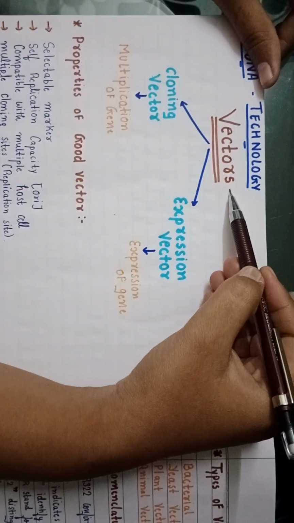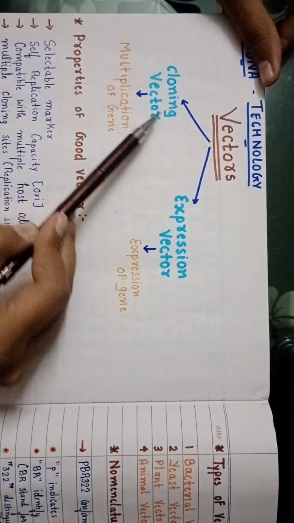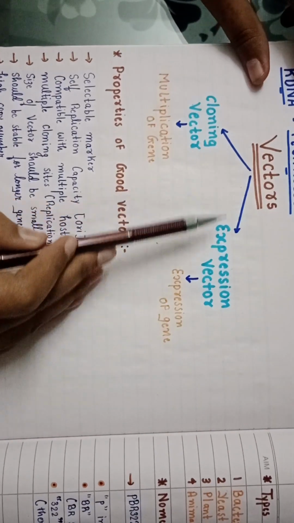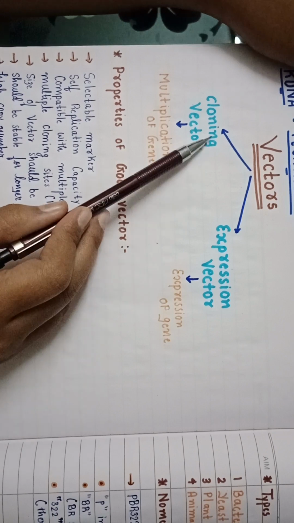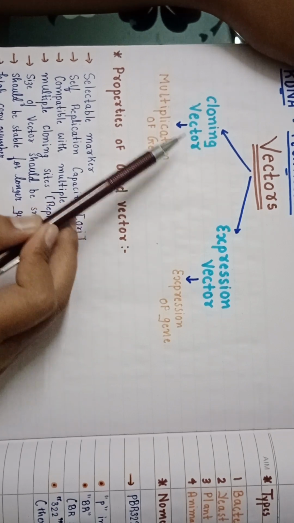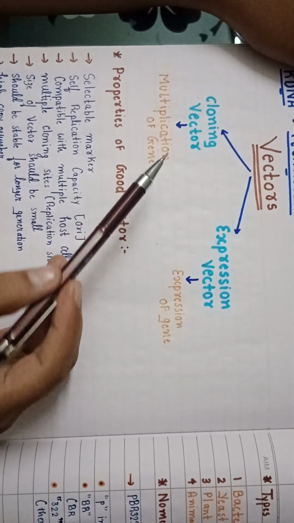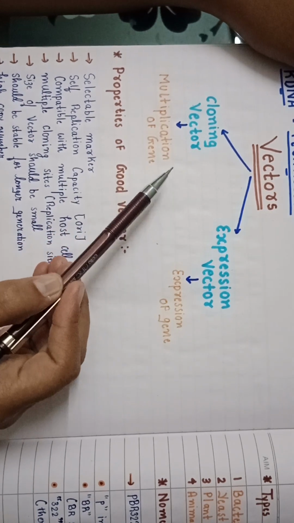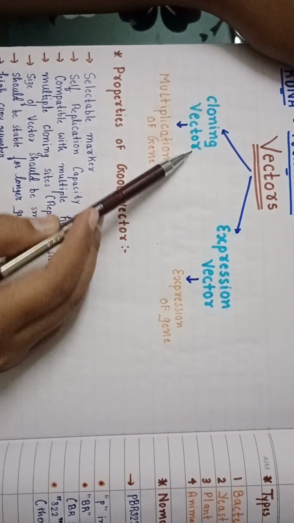Now there are two types of vectors. One is the cloning vector and one is the expression vector. So what's the difference between these two vectors? Let's understand it. A cloning vector is used for multiplication of a gene, which means if we want to replicate the gene, then we will use this cloning vector.